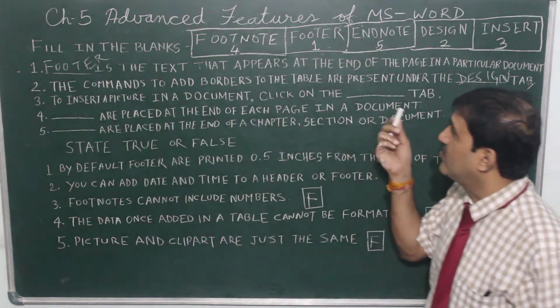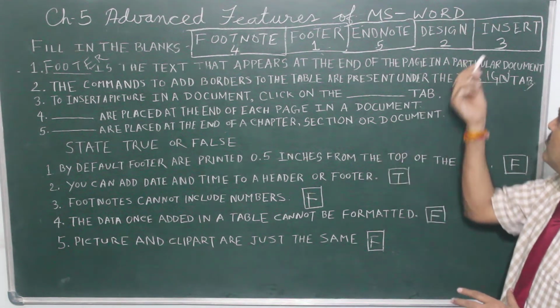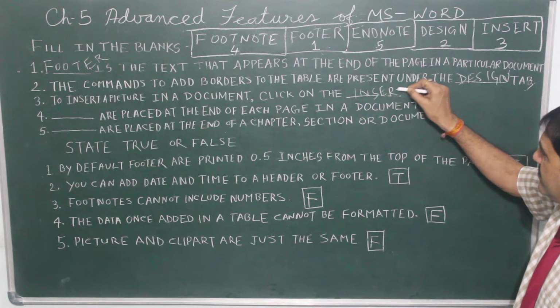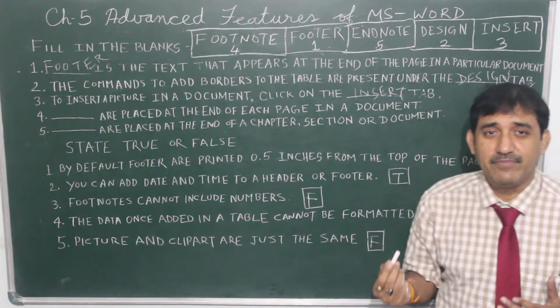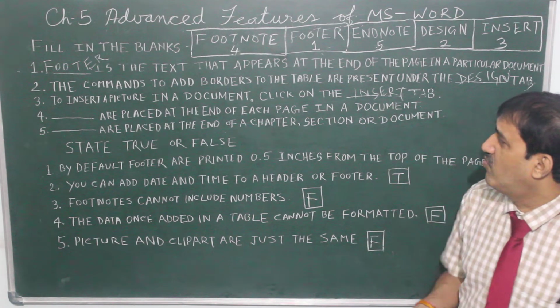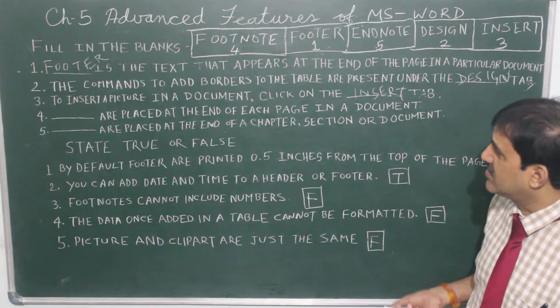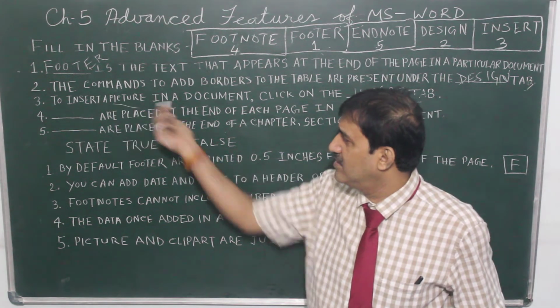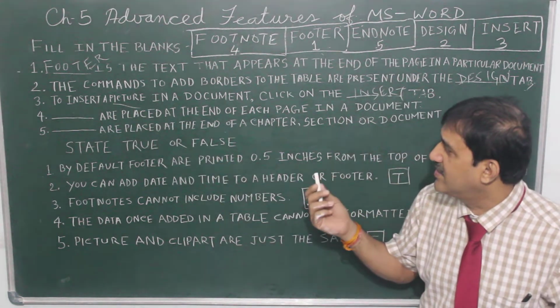Click on the dash. Whenever you insert something, you go to the insert option. So that is the insert tab, you go, and you can insert whatever you want to insert. Insert a picture in a document.